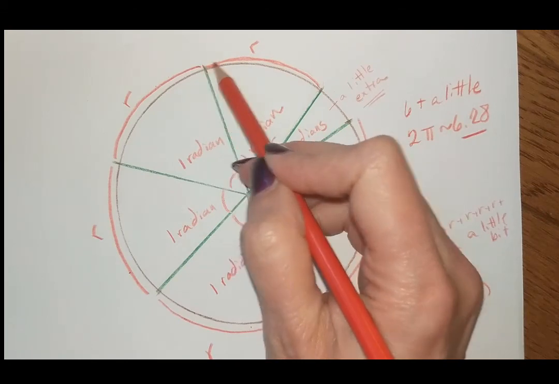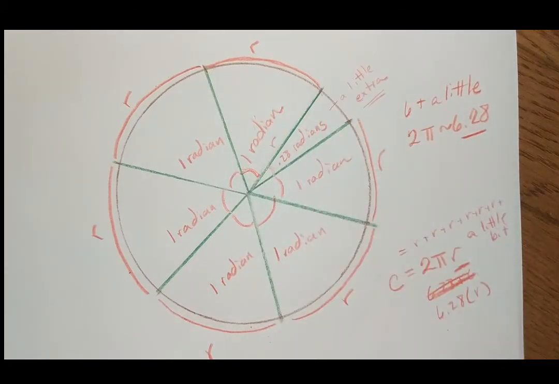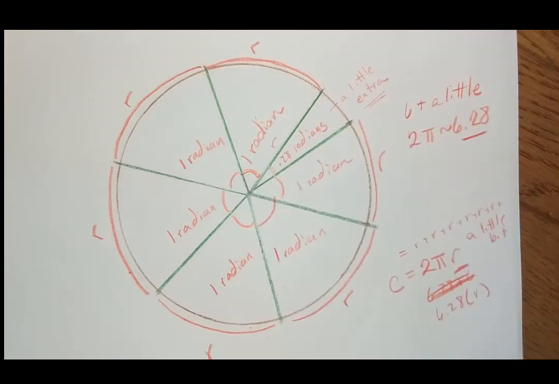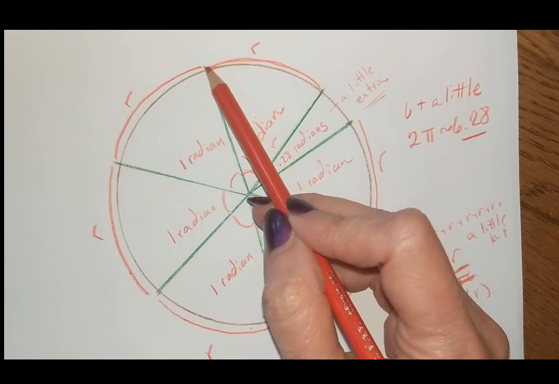The radius we use to measure a distance, and the radian we use to measure an angle. Those are the two differences between them. But if I know that the angle is 2 radians, then I know that this length is also 2r.